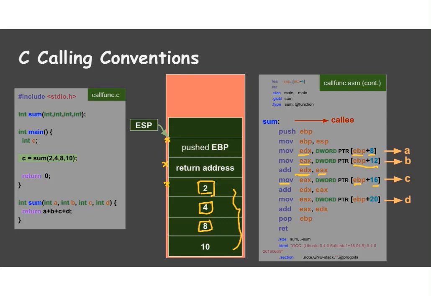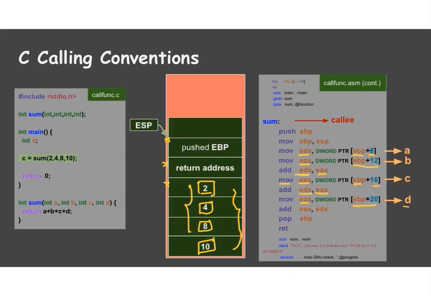Number 8 is going to be stored in EAX, and what we do is add the value of EAX to the previous two values, which now the sum is stored in EDX. Therefore, now we add these three values and the result is in EDX. The next thing we do is we access the value of D, which is 10 in this case, and we put it in EAX register.